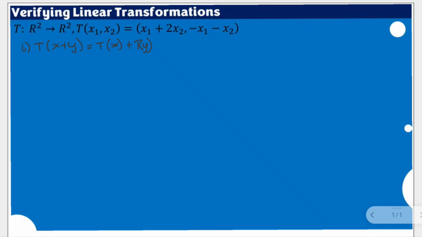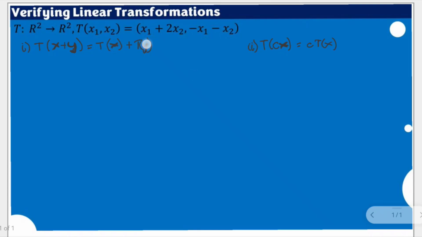The second condition is that the transformation of a product of a certain scalar and x is equal to the scalar times the transformation of vector x. By the way, these are vectors here. Let me make this thicker. This is a vector as well.